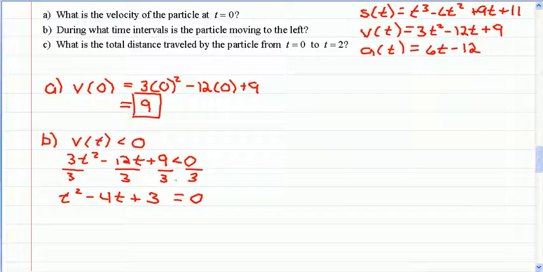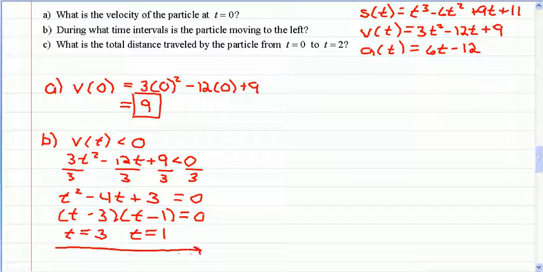When solving a quadratic inequality, I always change it to an equal sign, and this factors to t minus 3 times t minus 1. And when you set both factors equal to 0, you have t equals 3 and t equals 1. So when I put these points on a number line, I have 1 and 3.